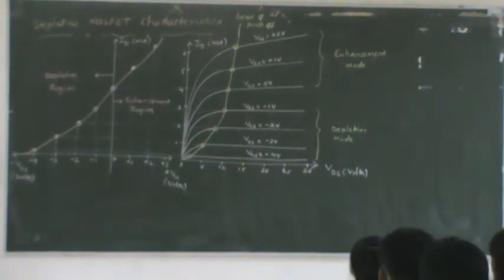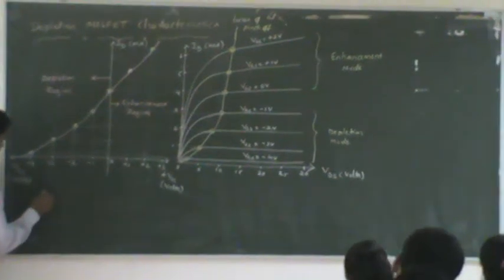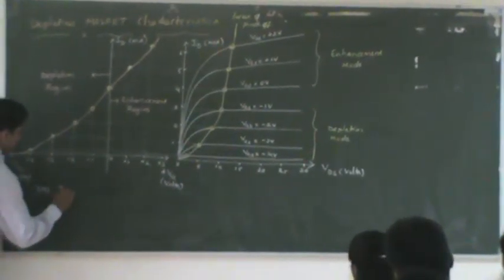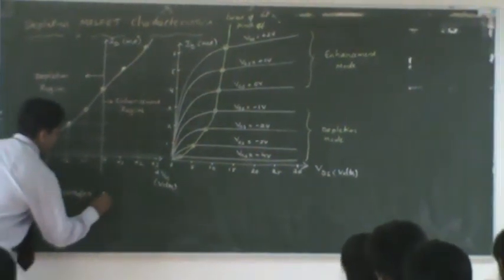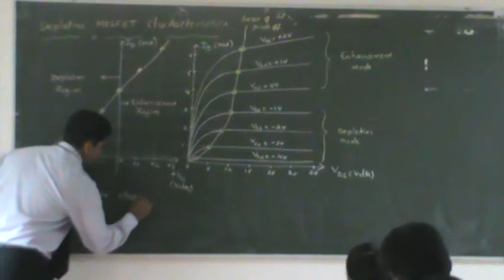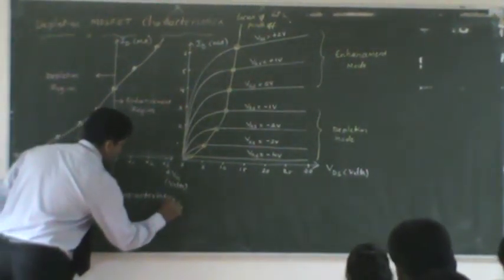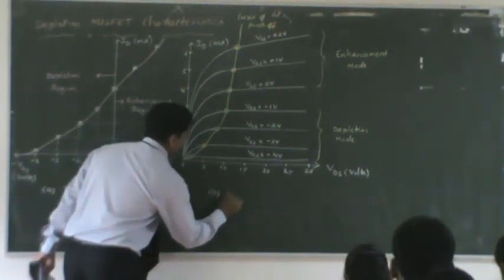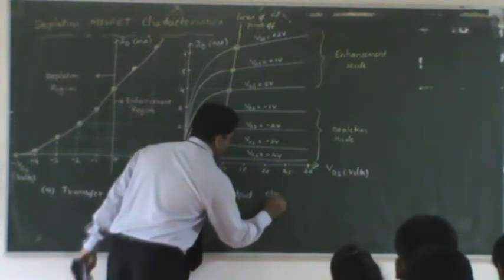You can give a title for this figure, let us say figure A. This is the transfer characteristics. This is going to be the output characteristics.